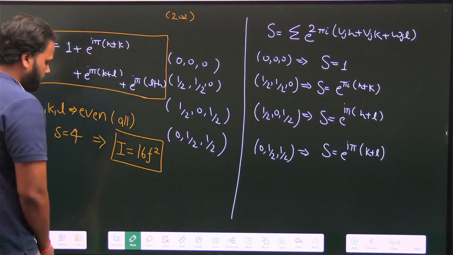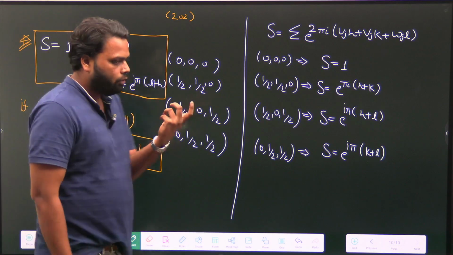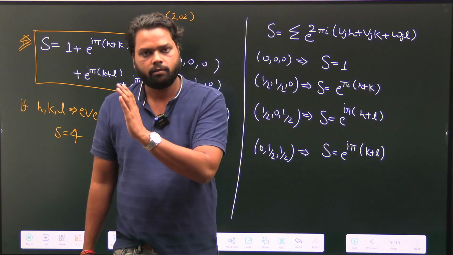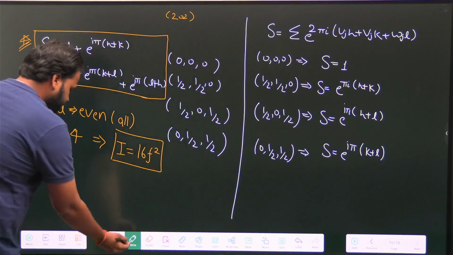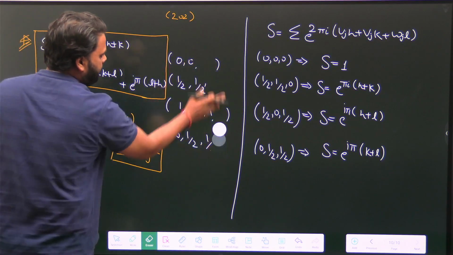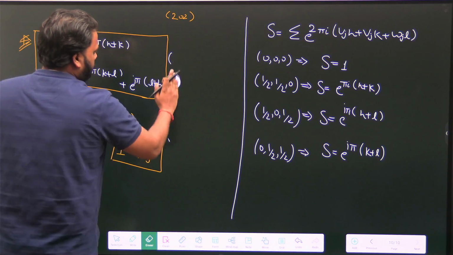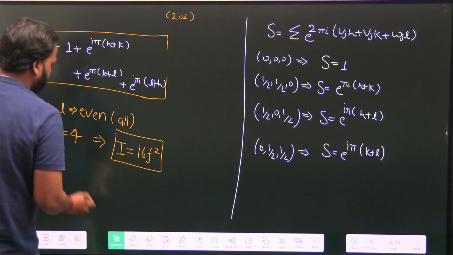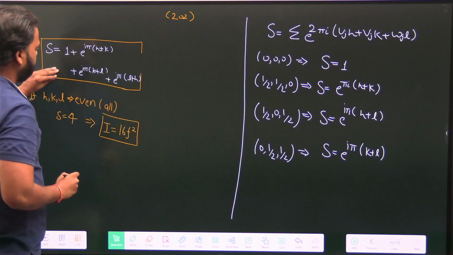Now tell me, if we take all values of h, k, l odd, let's take h, k, l as odd. Just do this by example. Let's take 1, 1, 1 and find out what is happening here.